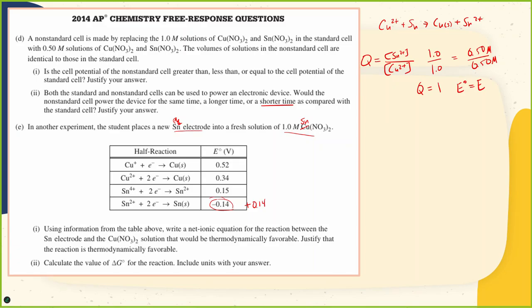And we add it to the 0.34 here, and we get a positive 0.48 E cell. So if E cell is positive, 0.48, that means that delta G is negative. So that's why it would be thermodynamically favored.